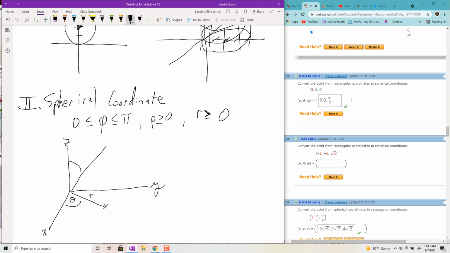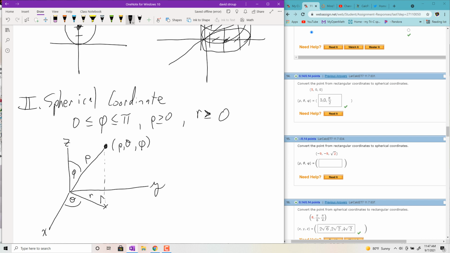So this will be the angle we're worried about, and then ultimately our point will be at the end of this arm, and its length is rho. If you want to, you can drop a perpendicular down there so you have a right triangle to deal with. This coordinate will be given in terms of rho, theta, and then phi.